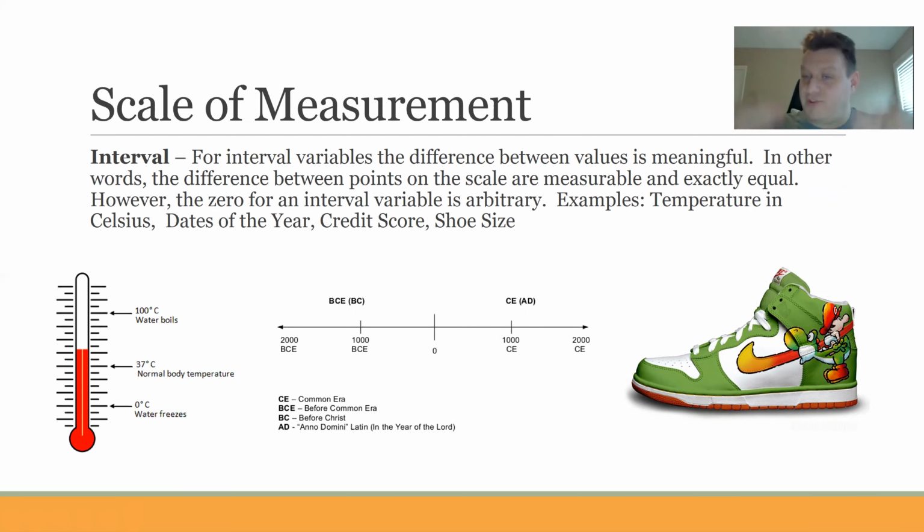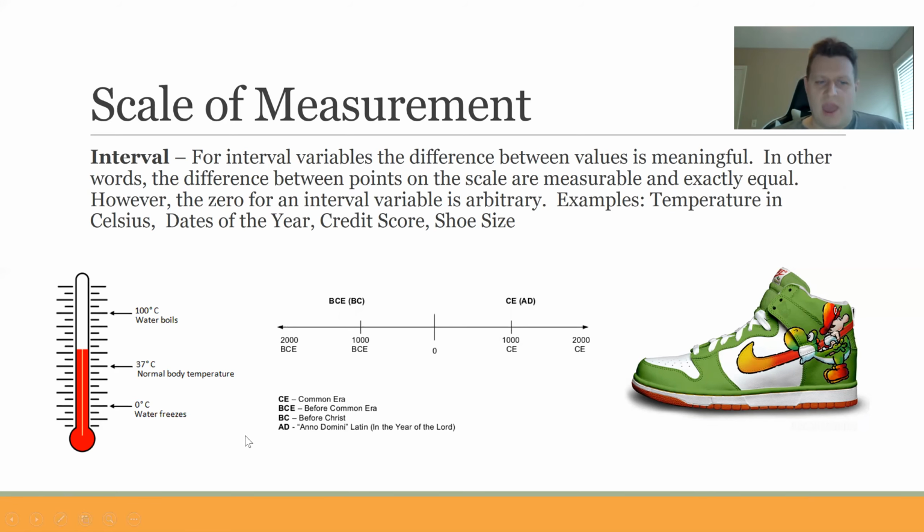And an additional thing that we get is the intervals are consistent. A difference between 5 and 10 is the same as a difference between 10 and 15. That's 5 units difference in both situations, and those 5 units difference are consistent across an interval scale. A good example of this is degrees Celsius.